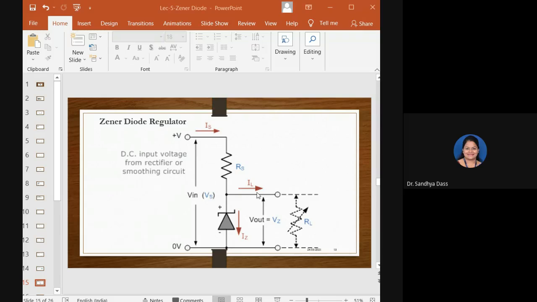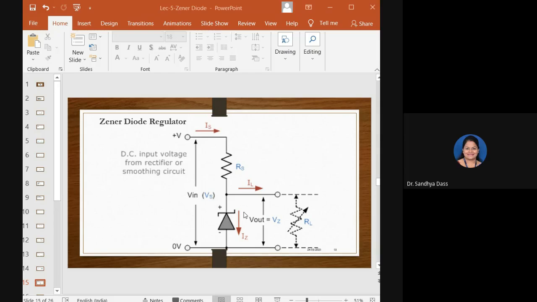Okay, and the stabilized output voltage V out is taken across the Zener diode. So generally we know that the voltage we get here will be a constant voltage.